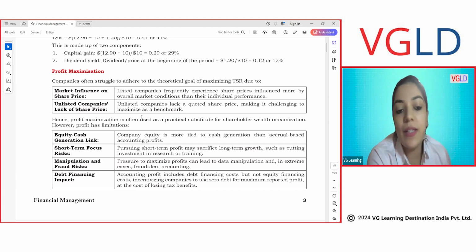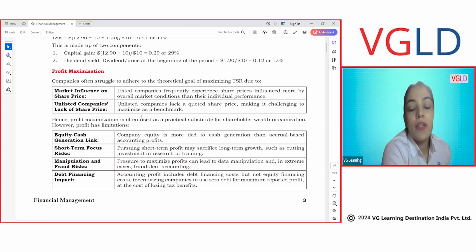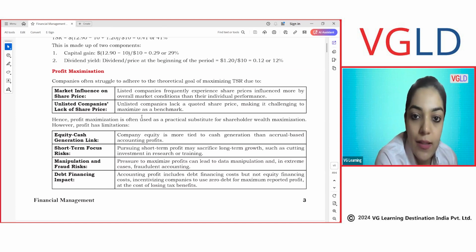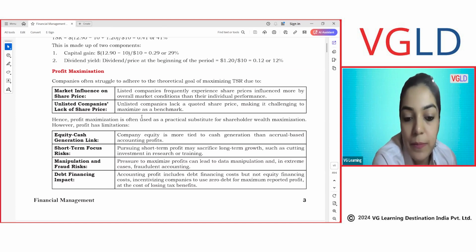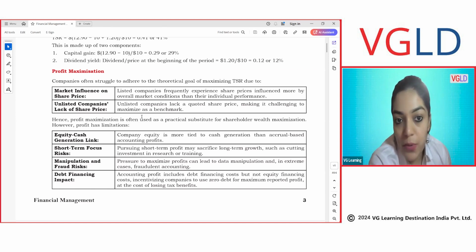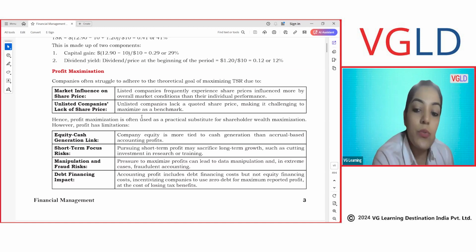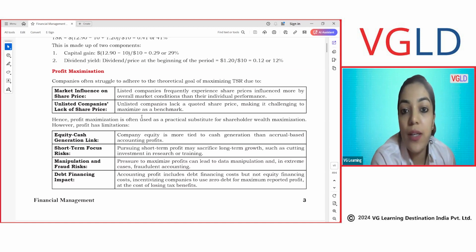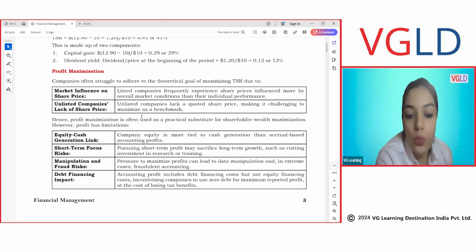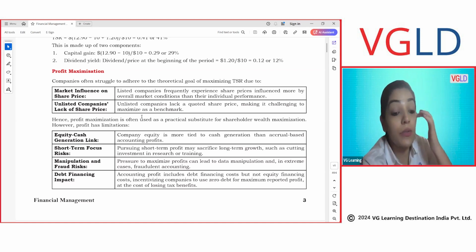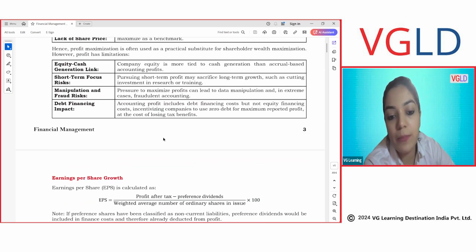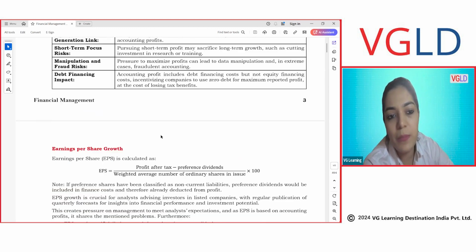We're going to learn about all of this in later chapters, but just to tell you that debt saves taxes, whereas equity doesn't. Dividends are not tax deductible. So, in accounting profit, you deduct interest, but you do not have any charge for equity. So companies are more focused on increasing the use of equity if you're using profit as a benchmark for valuation of a company. Okay, so very simple points.